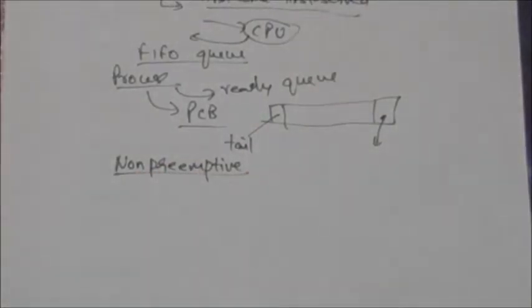This FCFS is a non-preemptive CPU scheduling algorithm. So what is the meaning of being non-preemptive?